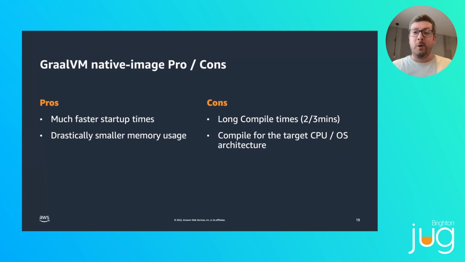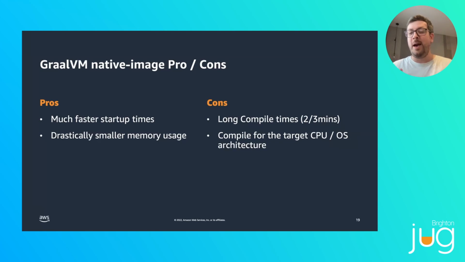But the cons, well, it's doing all of this analysis ahead of time, and it's doing all of this optimization ahead of time. So build times are longer than normal Java build times. So if I have a small application that maybe takes 10, 20 seconds to build with Maven, it's probably going to take 2.5 minutes to build with GraalVM.